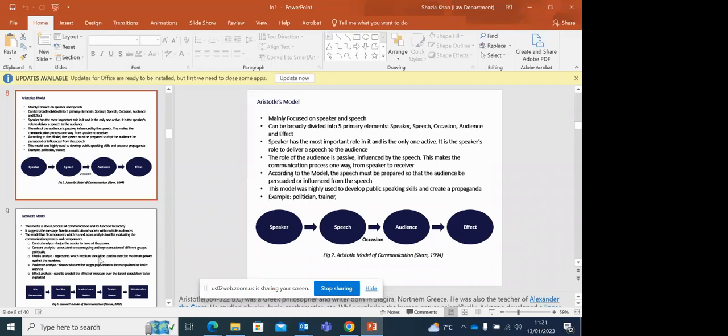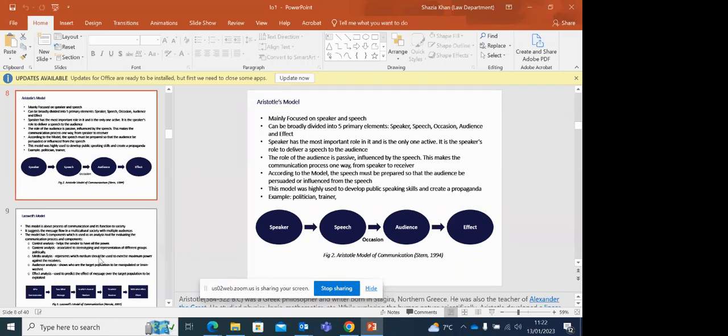Does it give the speaker quite an important role, and give them more importance when it comes to speaking and being the main person? Yes, according to what I'm reading now, yes, it is.